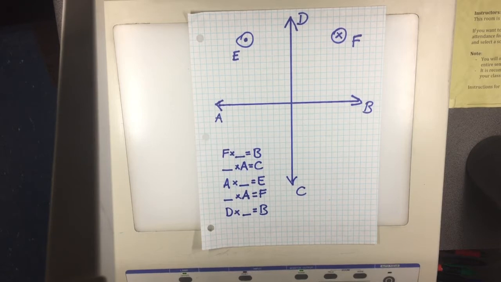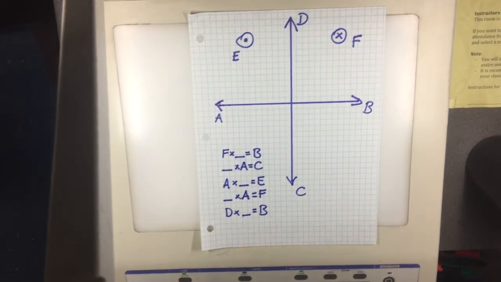The last one, D cross blank, is B. So D, I've got to get B for my thumb to point out. And so I have either E or F. If I chose F, I'd be pointing in A. So it has to be E to point to B. So that's the right-hand rule.